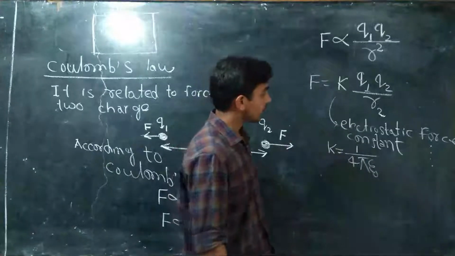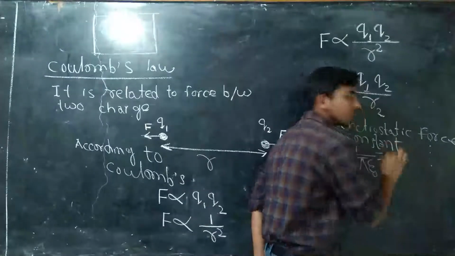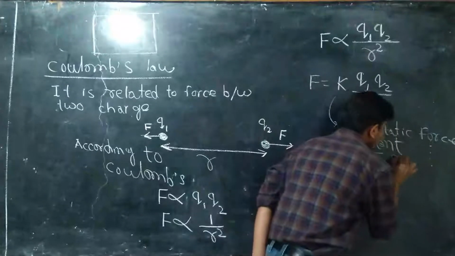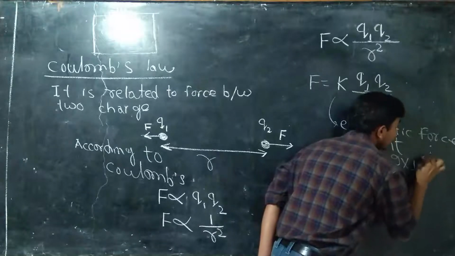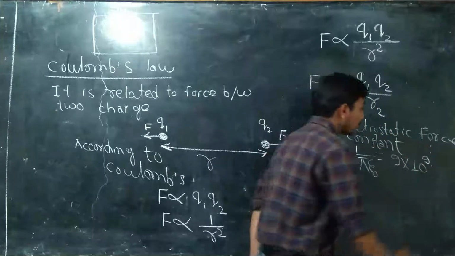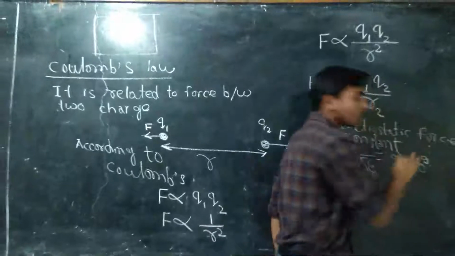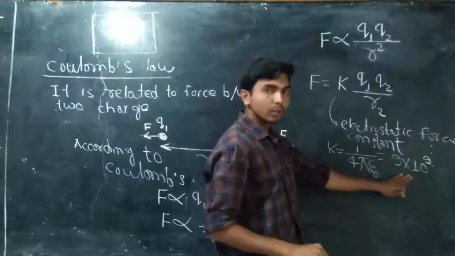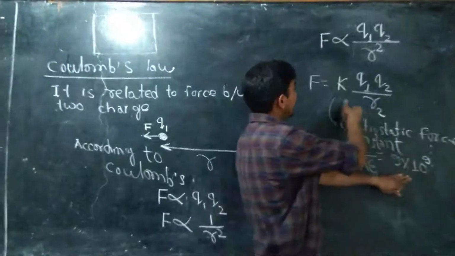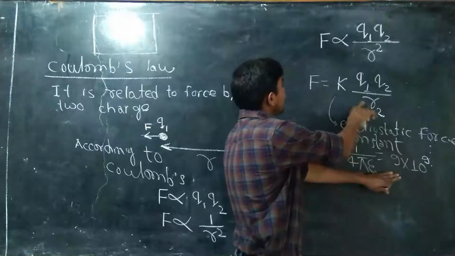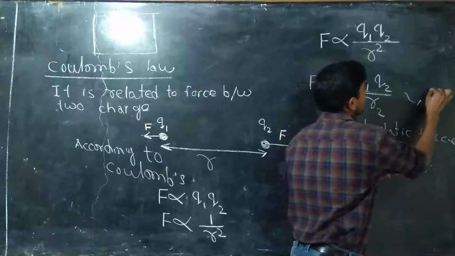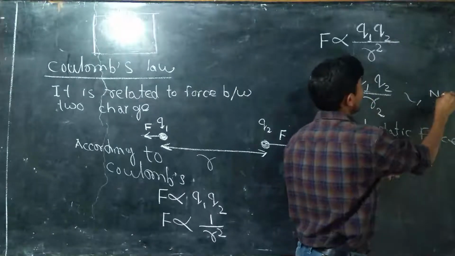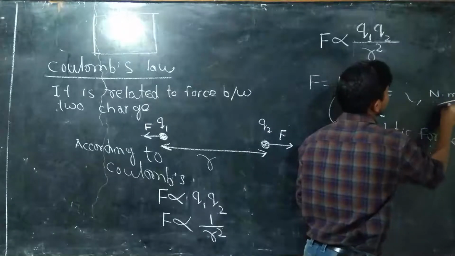The numerical value of this constant is equal to 9 into 10 to the power 9. What about the unit of this one? You can see from here, if I shift this to this side, it becomes Newton meter square per coulomb square.